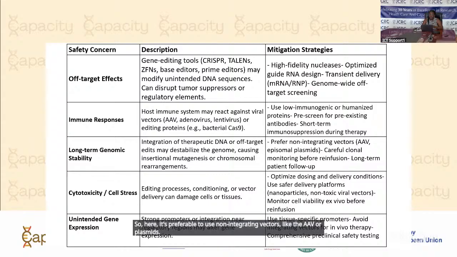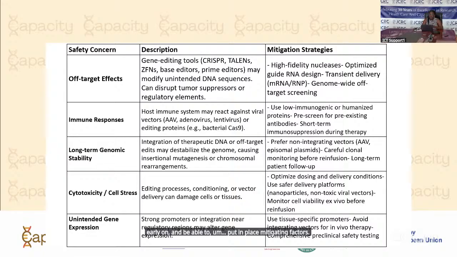And then there is need to do clonal monitoring before reinfusion and long-term follow-up. At the moment, anyone that is in a gene therapy trial is followed up to 15 years at minimum. And that way we can catch any side effects, any changes in genomic stability early on, and be able to put in place mitigating factors.